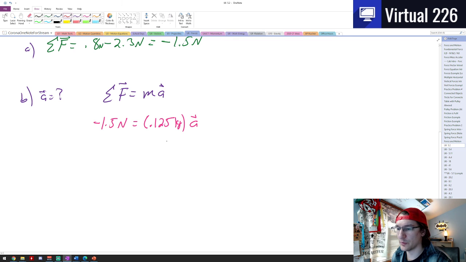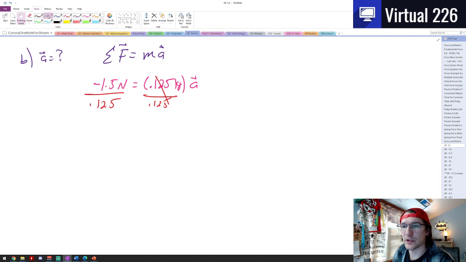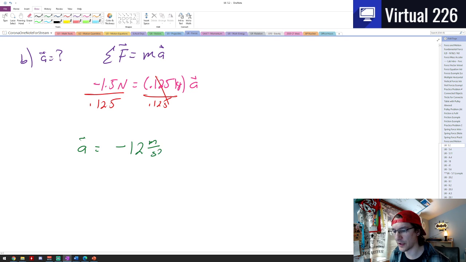We simply divide by 0.125 on each side. This gives us an acceleration which is negative, which makes sense because we're accelerating in the negative direction. We throw that into a calculator: negative 12 meters per second squared.